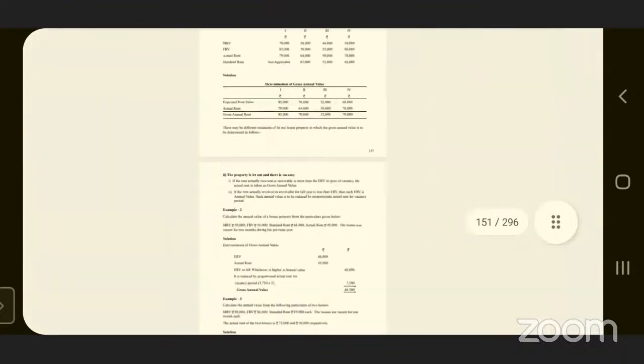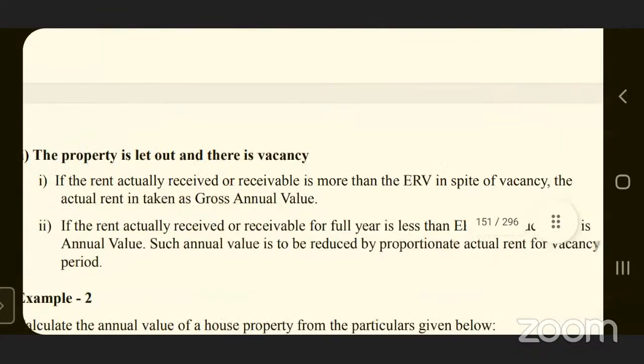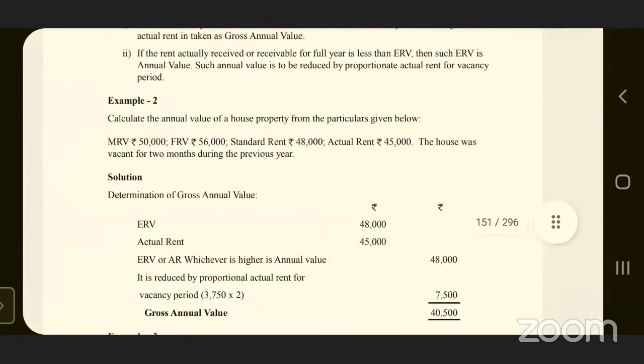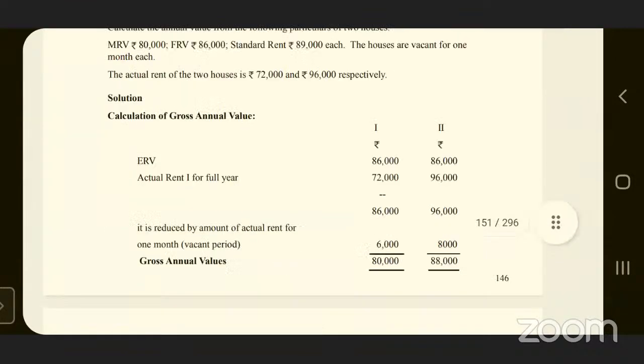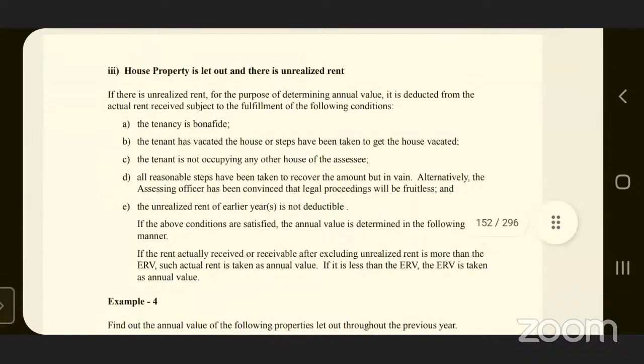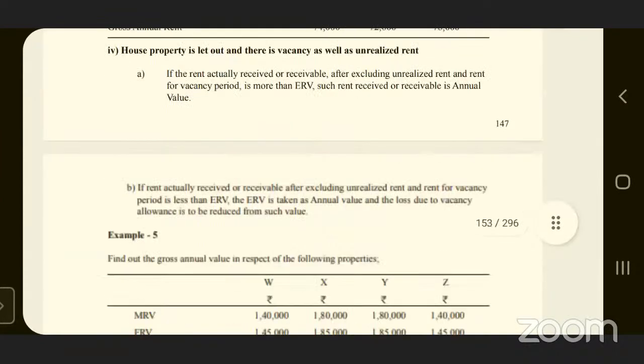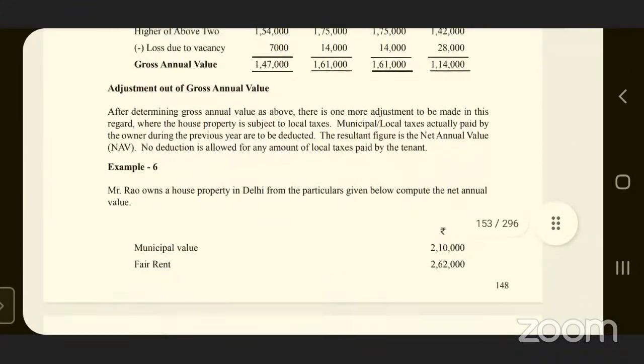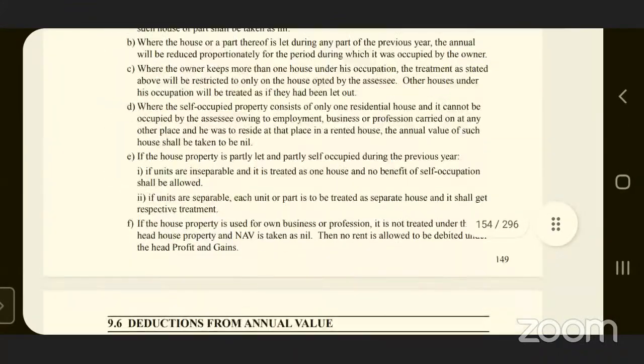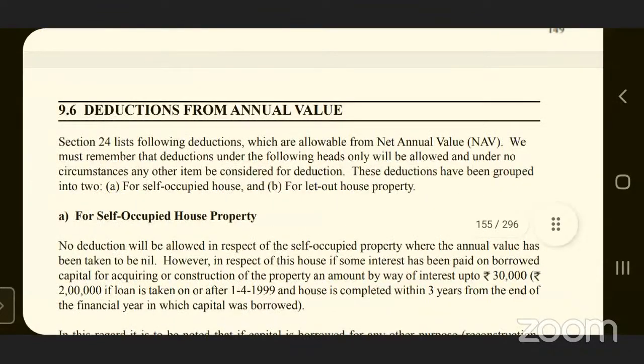I will explain further about unrealized rent later. First, let us see a complete problem regarding the computation of income from house property. Before that, it is essential to know about section 24, A and B. Here it is 9.6, which mentions deductions from annual value.